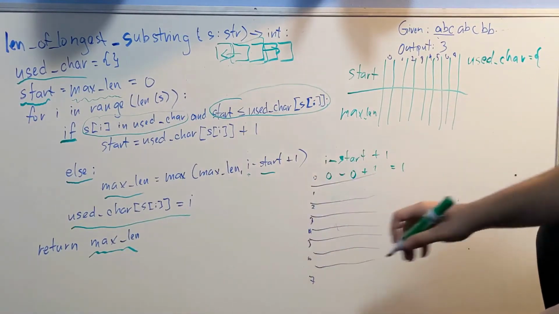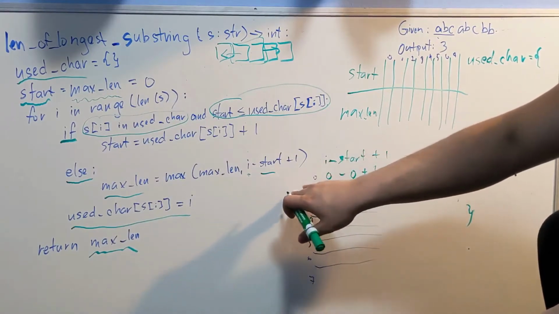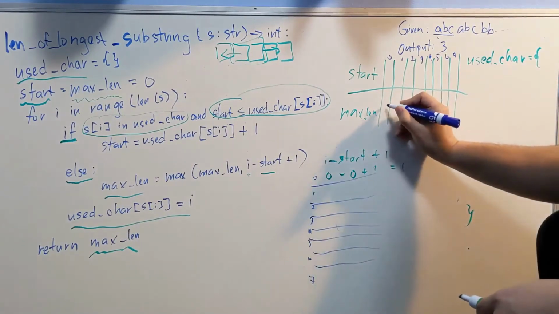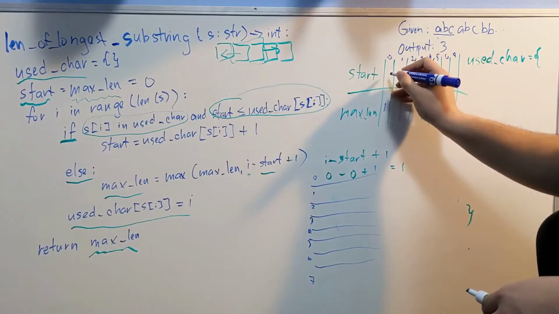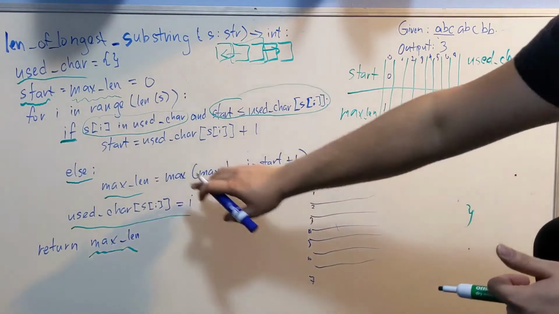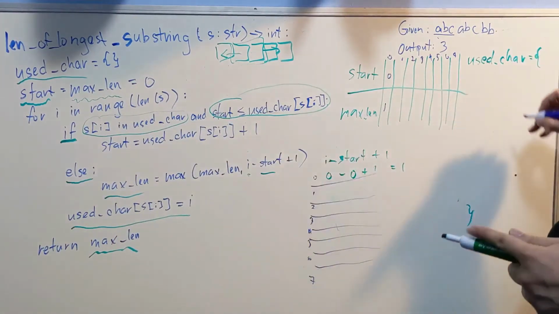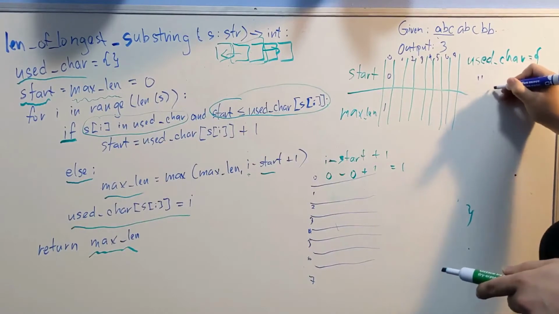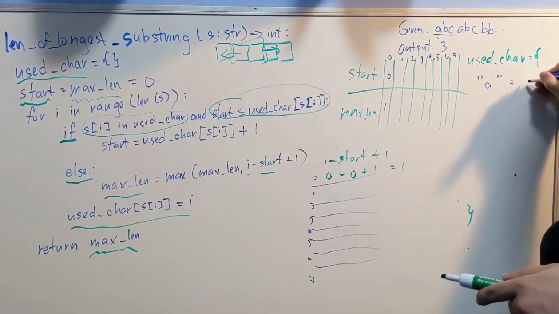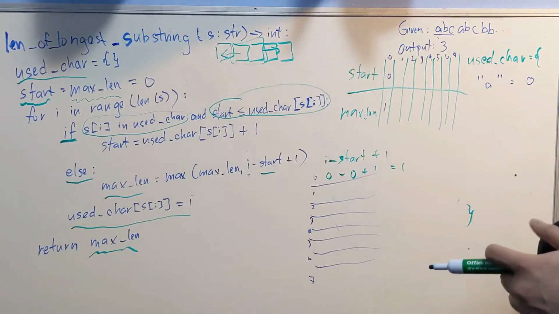Your max length is currently 0, so is 1 greater than 0? Yes, so let's assign 1 here. Start is still 0. After the conditions, we add that to our useChar dictionary: a as the key and position as the value, which is i, so this is 0 because we started i at 0.